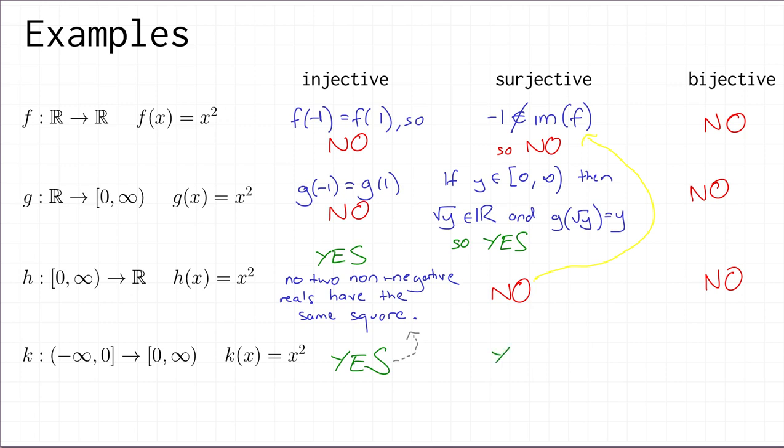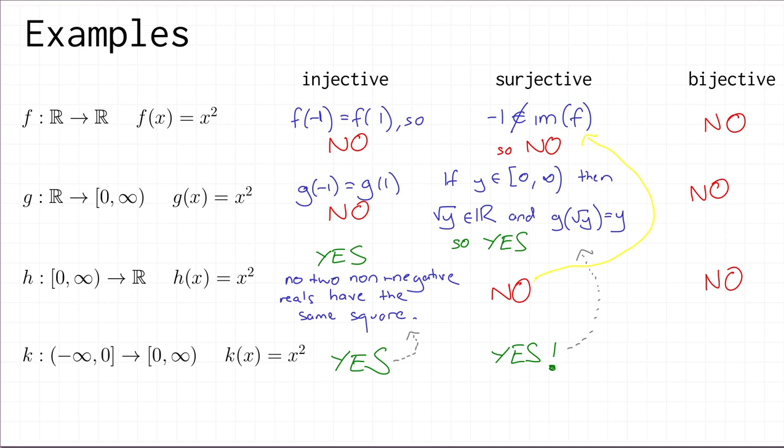Okay, the answer is yes, it is surjective. And again, the reason it's surjective is similar to the reason that g was surjective. If you have any non-negative real number, then it's got a negative square root.